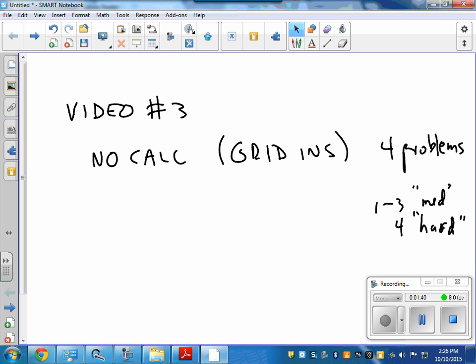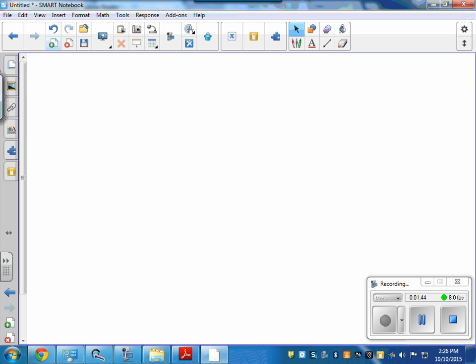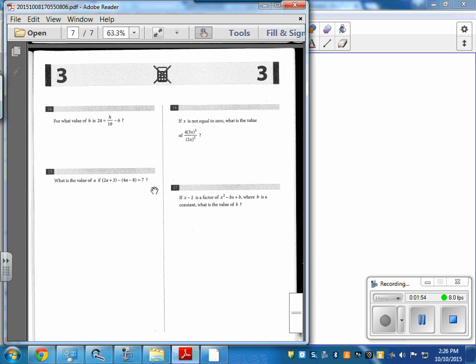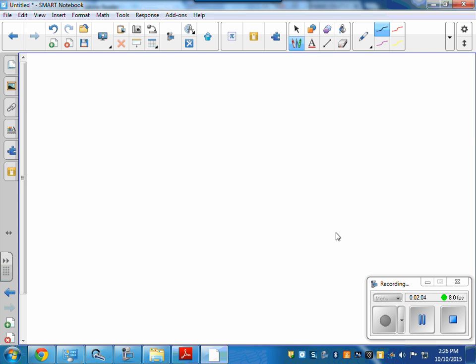Okay, let's look at the questions. The first question on the grid-ins, pull up my test here. What value of h makes 24 the same as h over 10 plus 6? I don't think there's a way of doing this unless you just know how to solve an algebra equation.